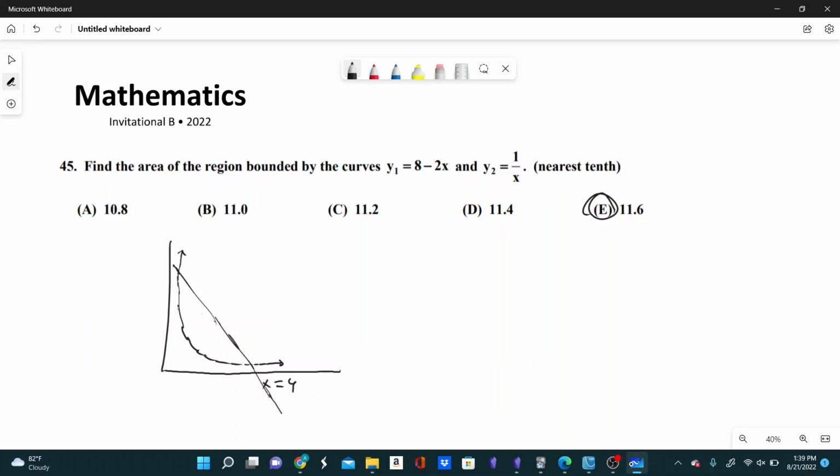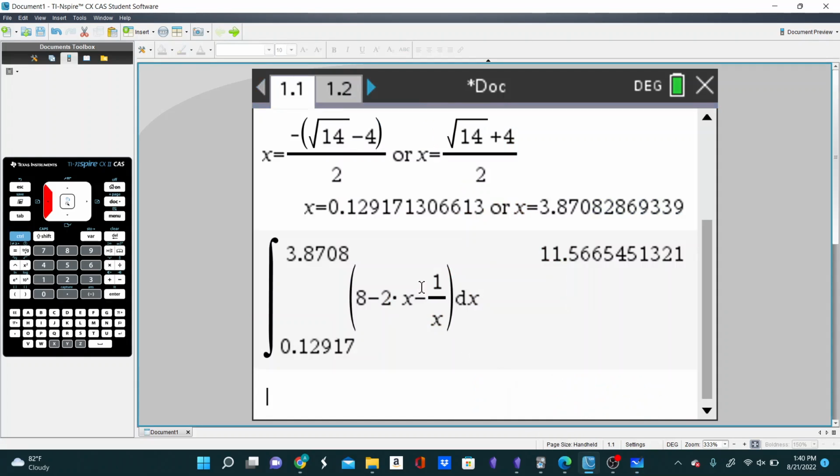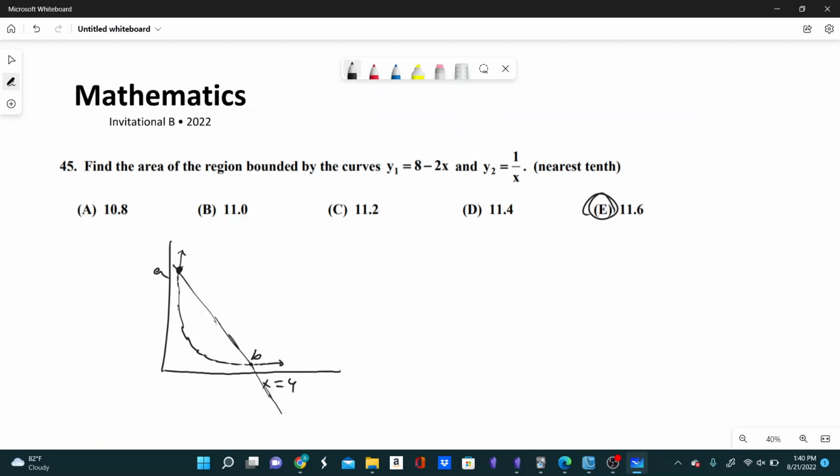And so we know these intersection points are at A and B. I don't remember what they were, actually. Let's see. So 0.129 and 3.87.